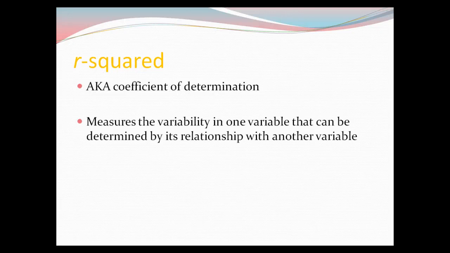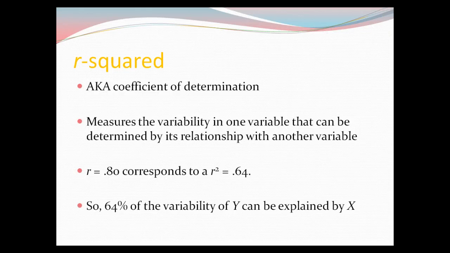It measures the variability in one variable that can be determined by its relationship with another variable. So an R value of 0.80 corresponds to an R squared value of 0.64. That's saying that 64% of the variance in Y, or the dependent variable, may be accounted for by variance in the independent variable. So, stated again, 64% of the variability in Y can be explained by X.